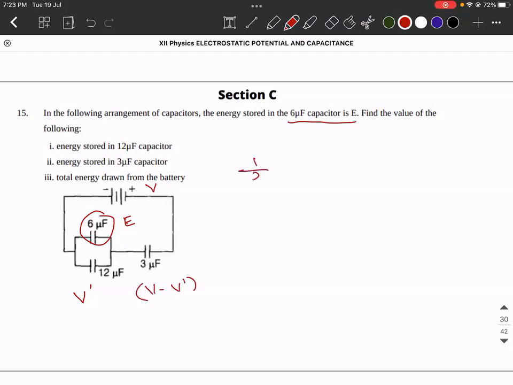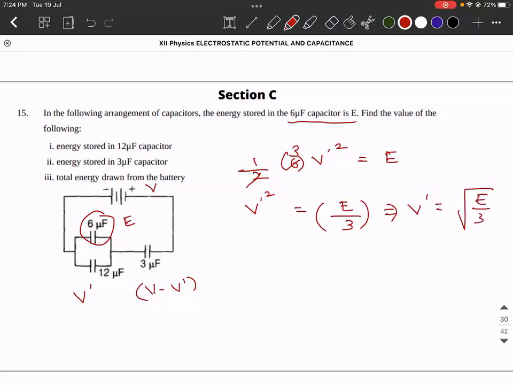Half into 6 into V dash square is equal to E. What is V dash square? E divided by 3. Accepted? So wherever I find V dash square, I'll substitute E by 3, or I can say V dash is root of E by 3. Accepted? Yes or no?